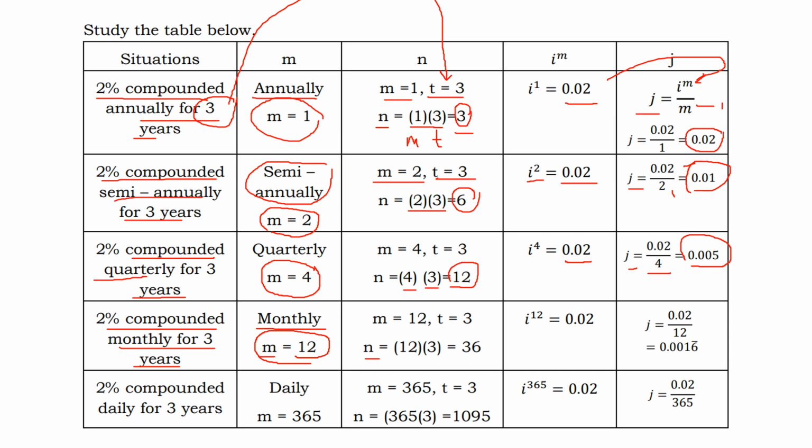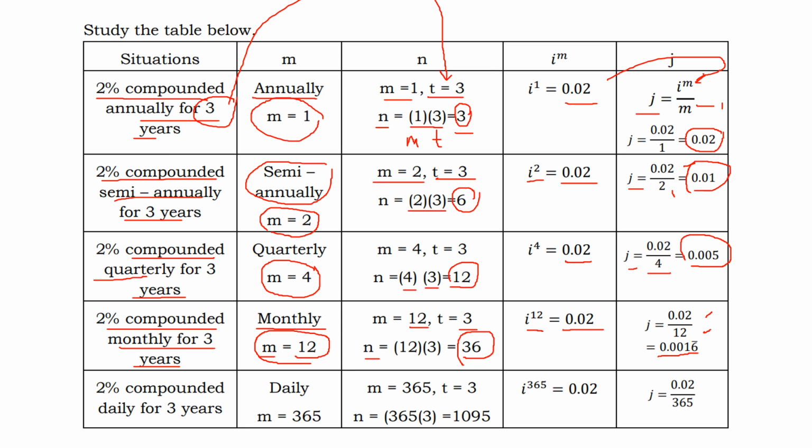That's why we multiply 12 by 3, because within 3 years there are 36 months. That is the value of your n. And your i raised to 12 now is equal to 0.02. Then we apply for j, 0.02 over 12. That provides you 0.0016 as the value of your rate of interest.